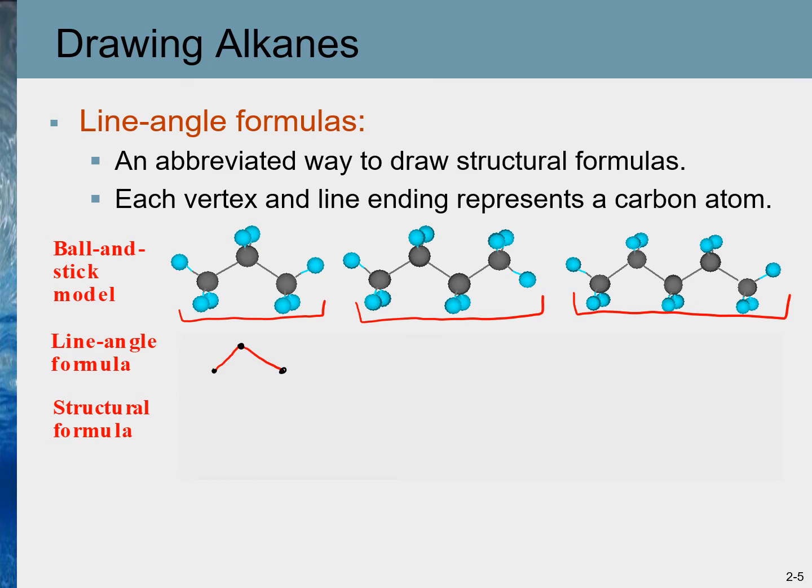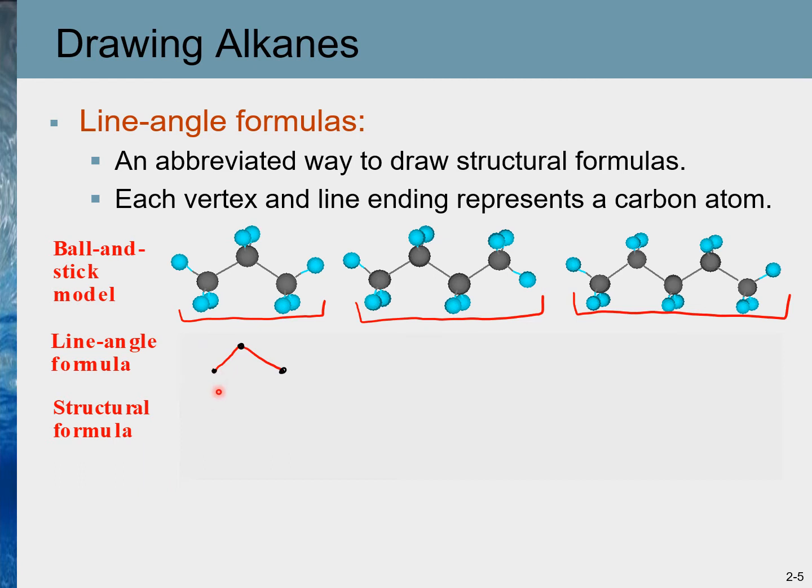Now we understand that carbon is sp3 hybridized and it has 4 bonds. Therefore, the number of hydrogens connected to each carbon is already understood.